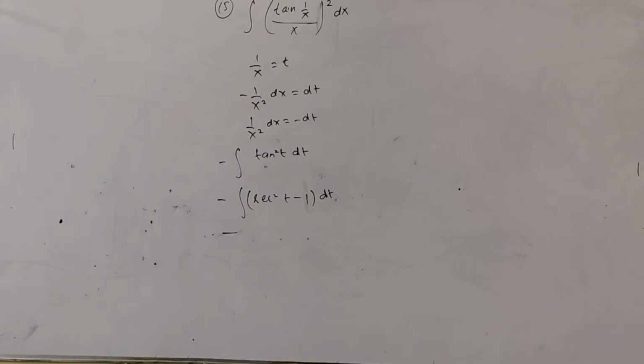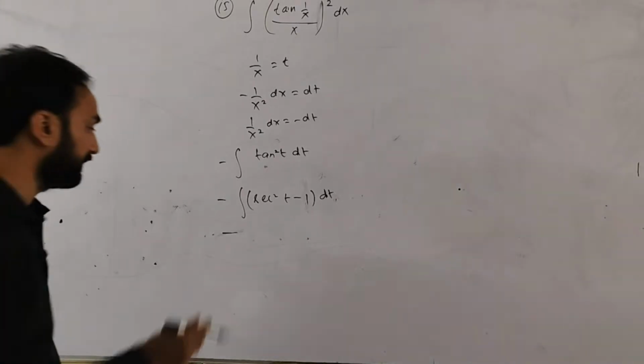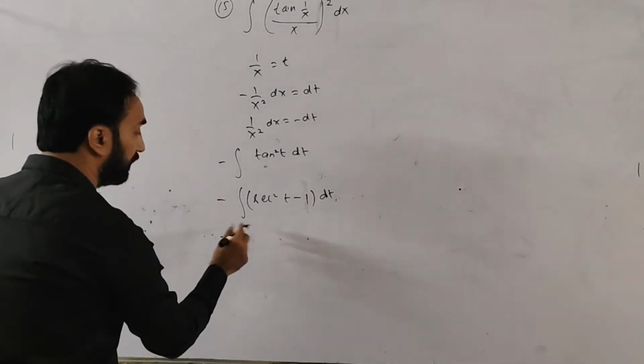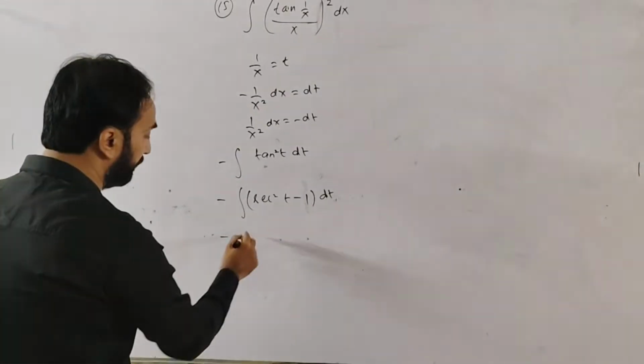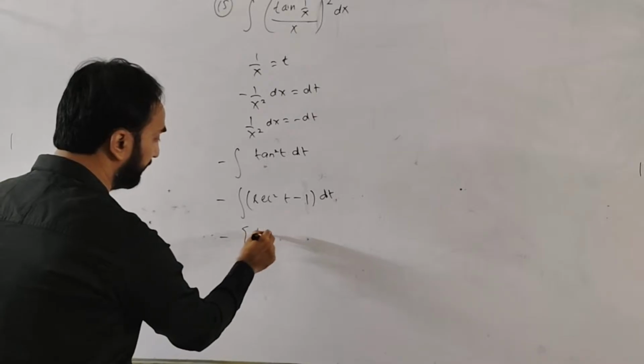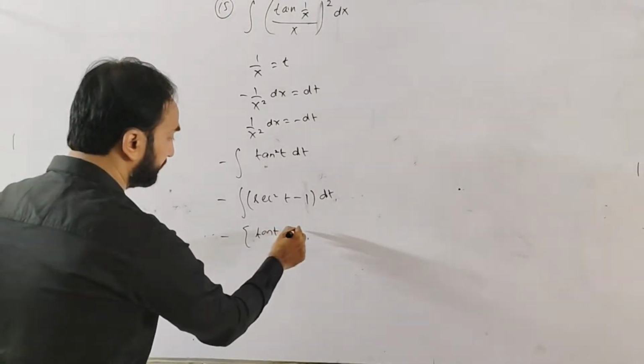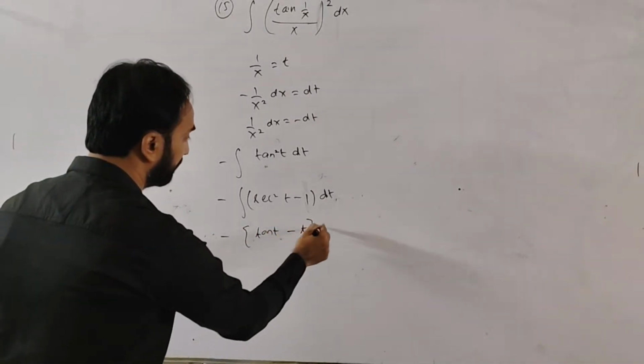The integral of secant square t will become minus tan t, and the integral of 1 will become t. So it will become minus tan t and minus t, and the minus will make it plus t, plus c.